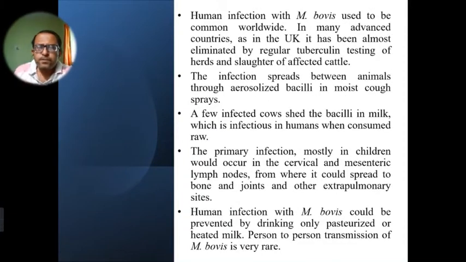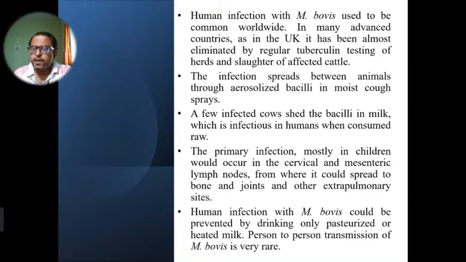Now, human infection with Mycobacterium bovis used to be common worldwide, and in many advanced countries such as the UK, it has been almost eliminated by regular tuberculin testing of herds and slaughtering of the affected cattle.